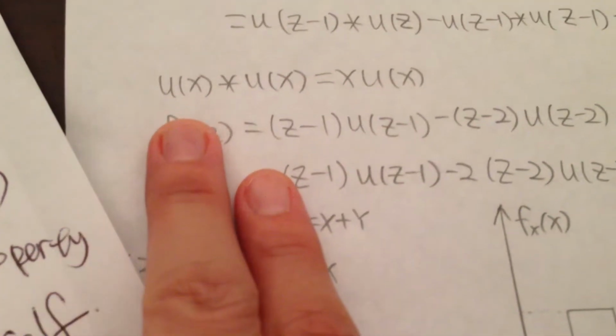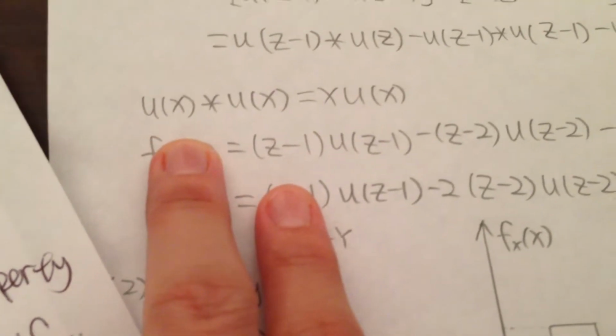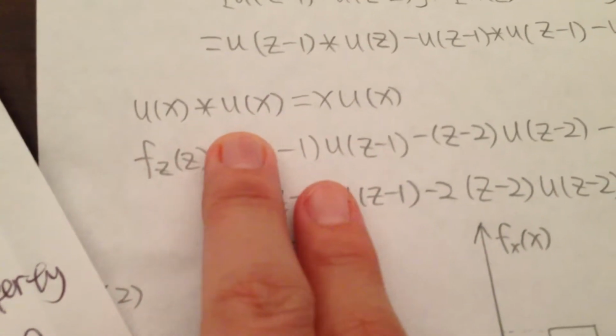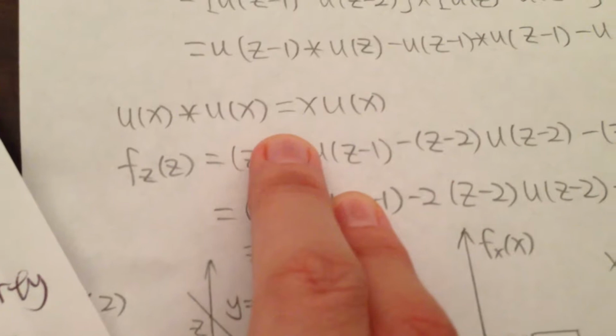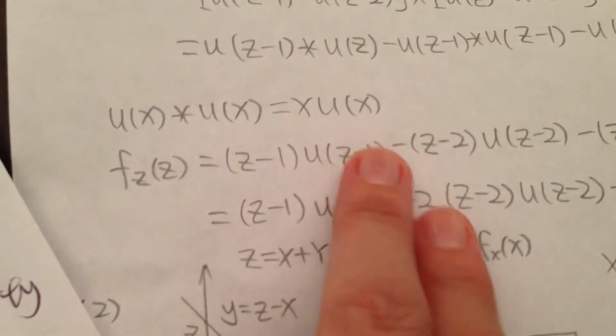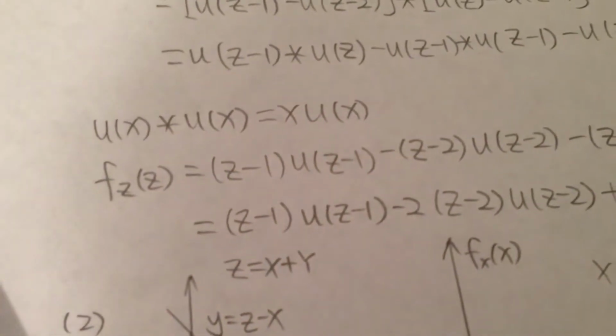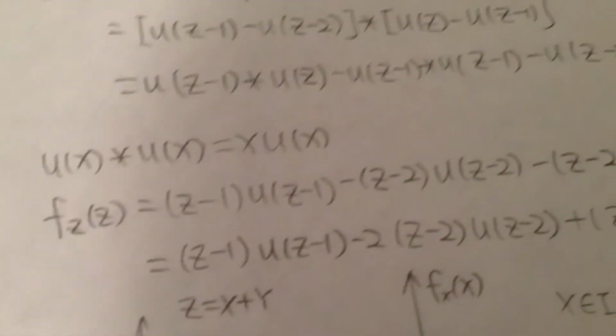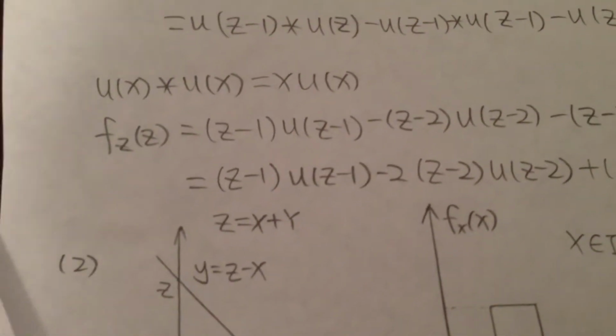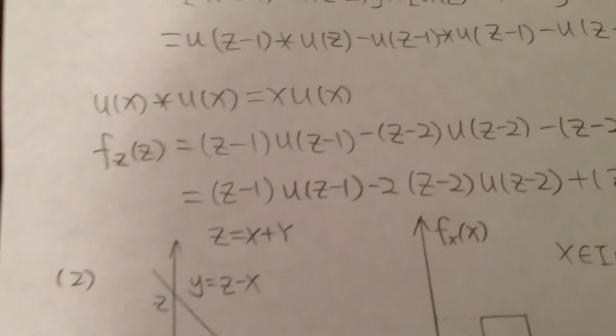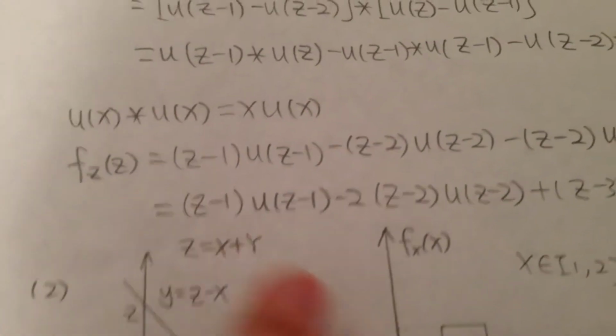And because of the property of a step function, that u(x) convolved with itself equals x times u(x), and in this problem it's also an LTI system, then we can apply the shift property.